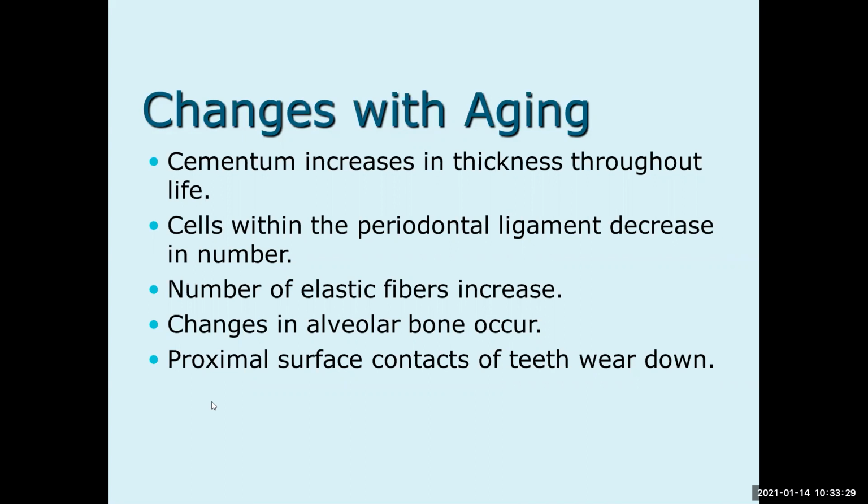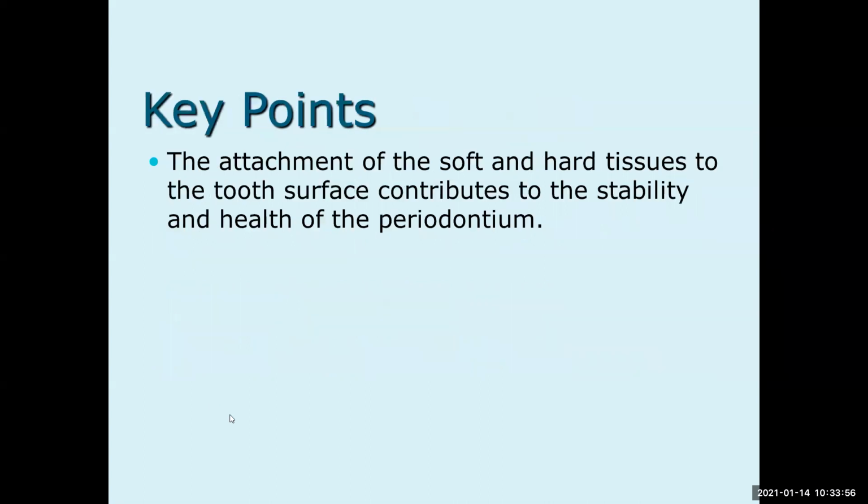Why would they wear down? Think about it microscopically: the teeth are in a hammock of our PDL. So every time we use our jaw and chew, we've got microscopic movement going on in that hammock, and that is wearing down our interproximal spots.